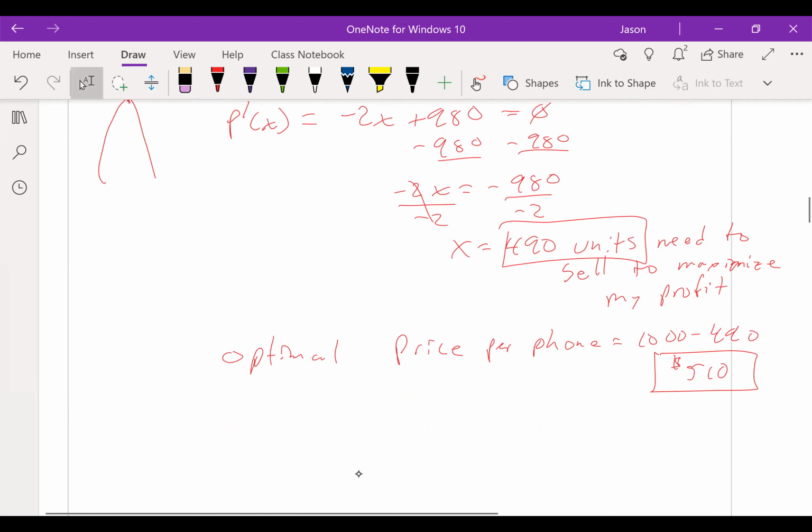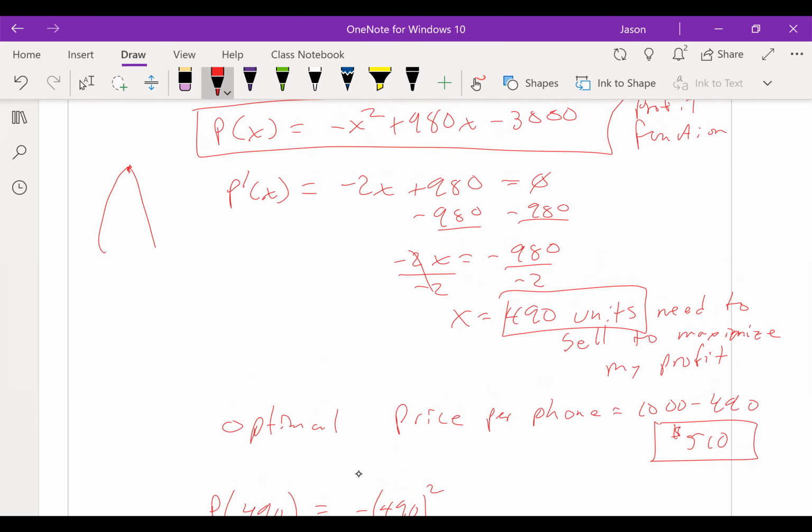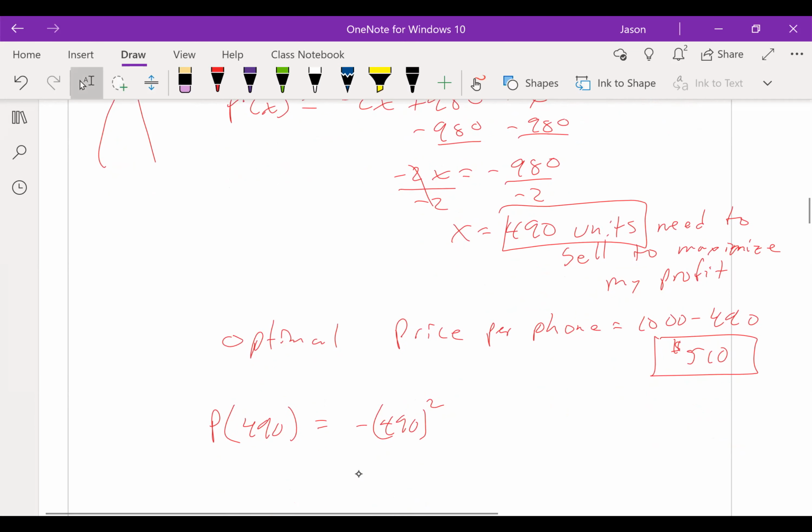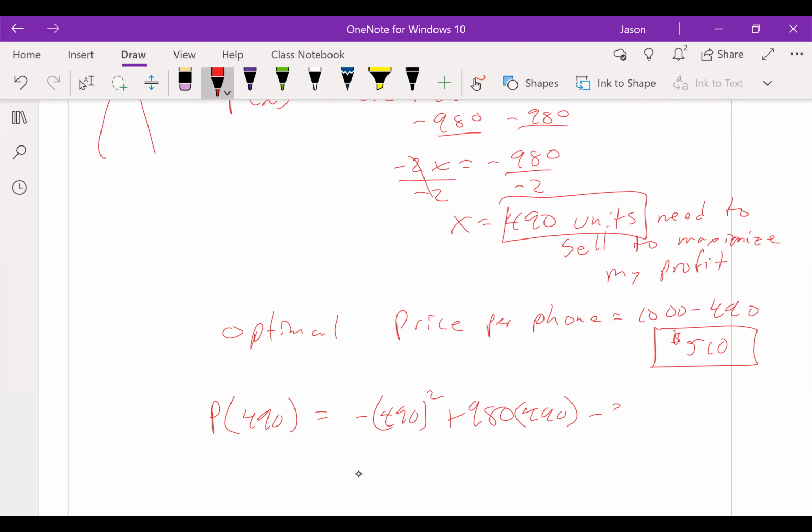And what is their max profit on 490 phones? Well, the profit function of 490, that's negative 490 squared, right? Let's go back to the profit function. That's negative X squared plus 980 times 490, and then minus 3,000.